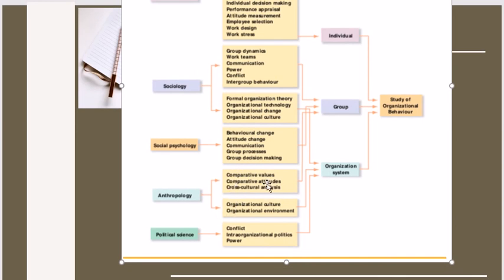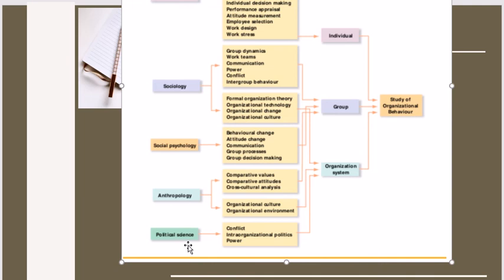We have comparative values, comparative attitudes, and cross-cultural analysis, all of which focus on group analysis. Then we have organizational culture and organizational environment, which focus on the organization system analysis.